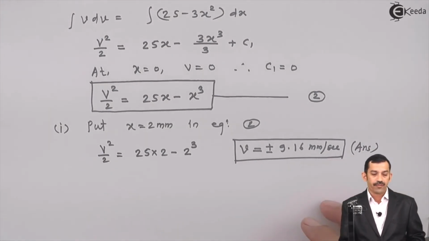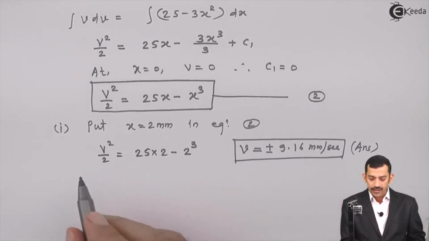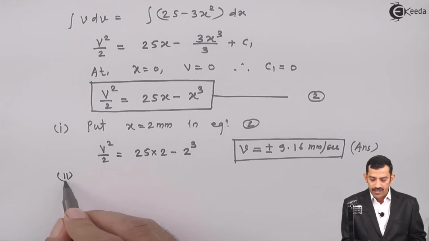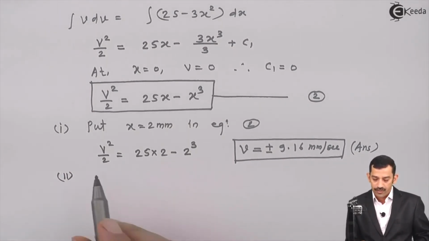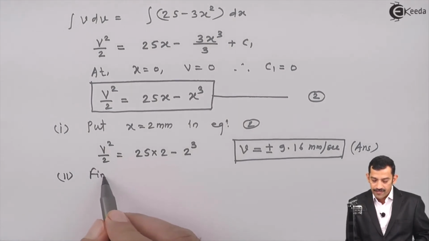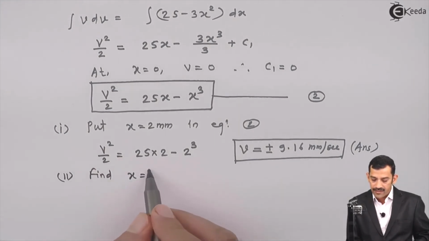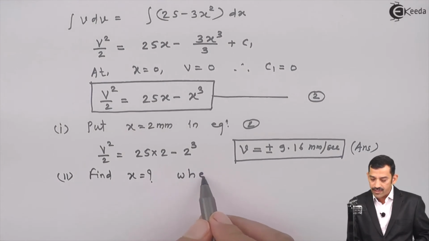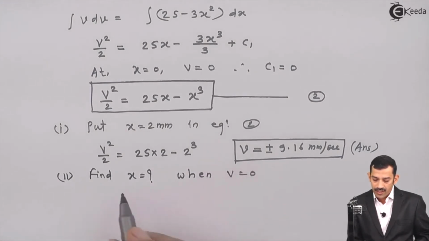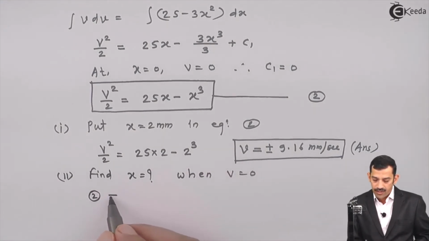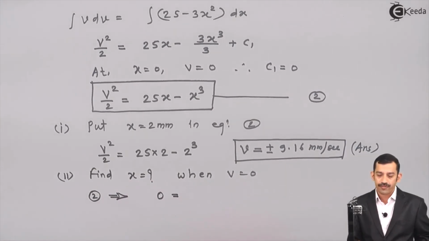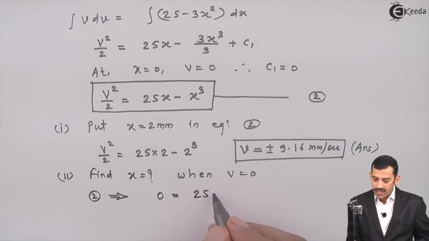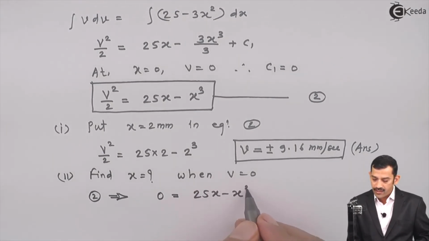Second part, what is asked in the problem? The position when the velocity is again 0. Again, the solution is possible from the same equation number 2. To find the position x when the velocity is 0, from equation number 2, if we put velocity as 0, the left hand side becomes 0, and we get 25x - x³ = 0.